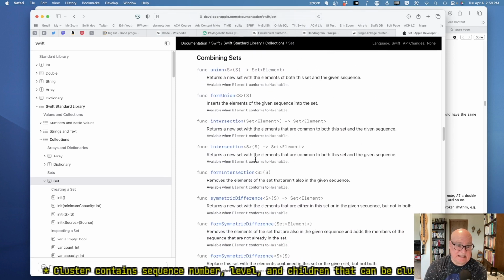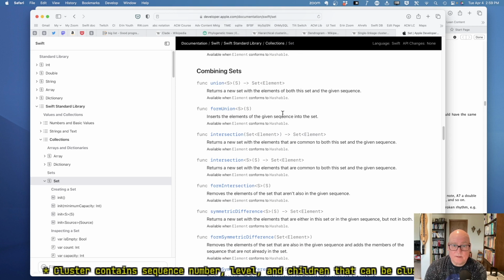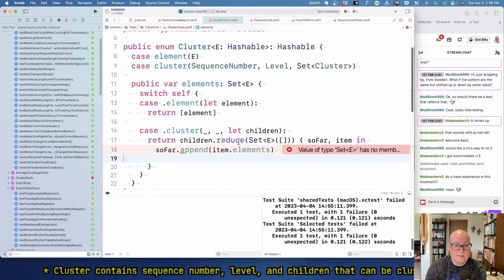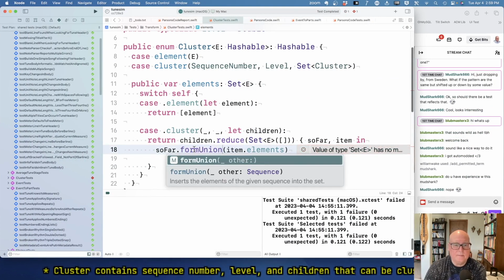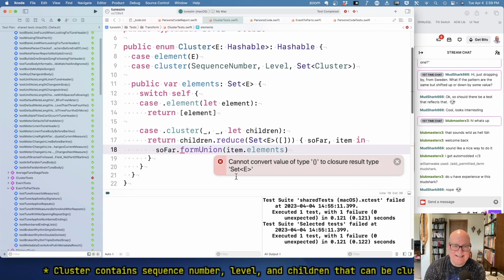Combining sets. I guess I could deal with this one. Form union. Insert the elements into the given set. Okay. Cannot convert value of type.